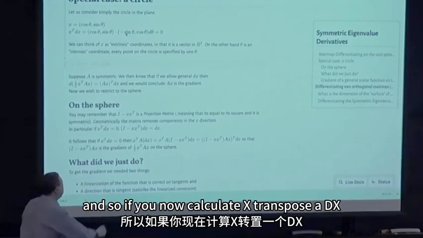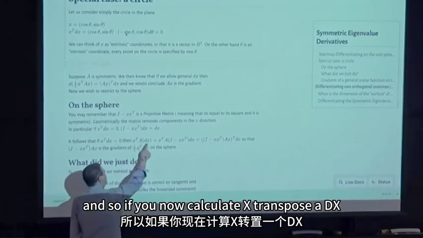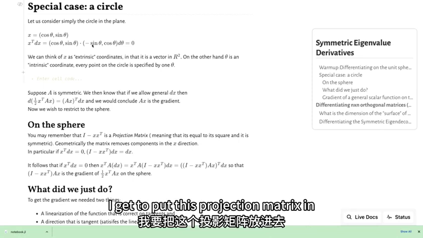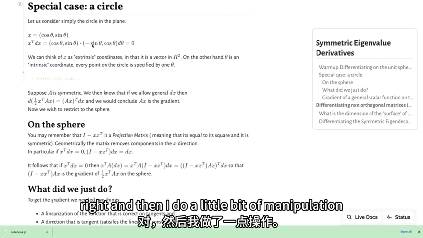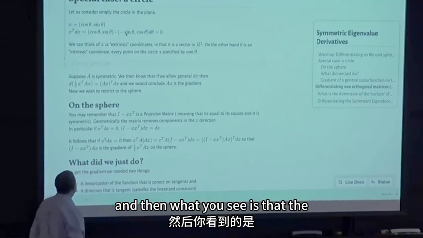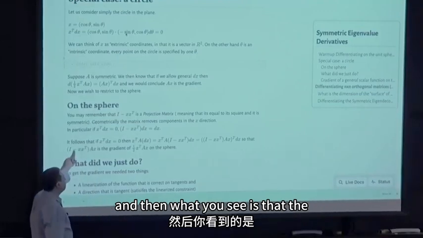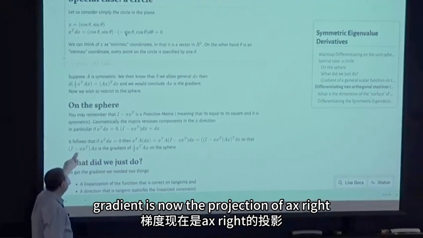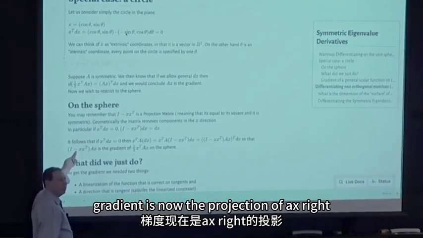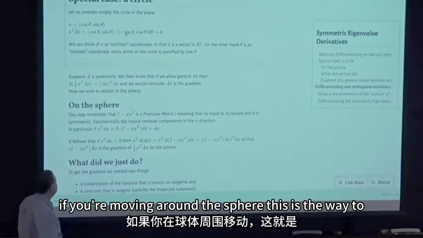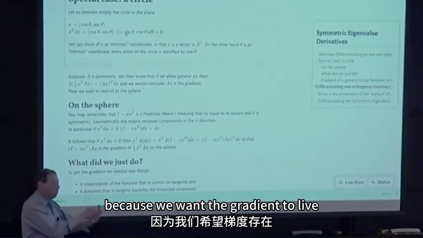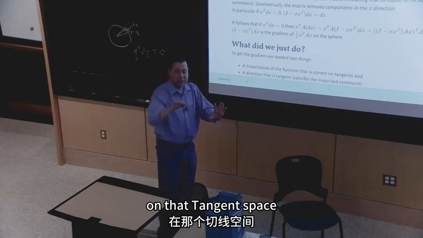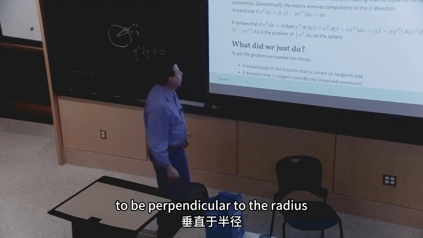And so if you now calculate x transpose A dx, I get to put this projection matrix in, right? And then I do a little bit of manipulation, and then what you see is that the gradient is now the projection of Ax, right? If you're moving around the sphere, this is the way to actually get the gradient, because we want the gradient to live on that tangent space, to be perpendicular to the radius.